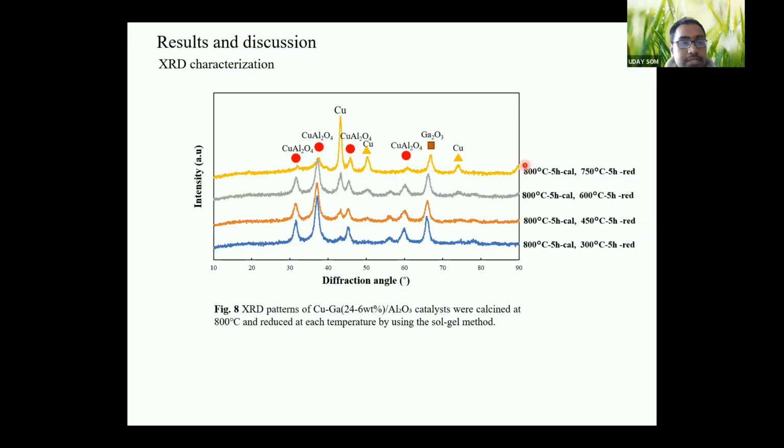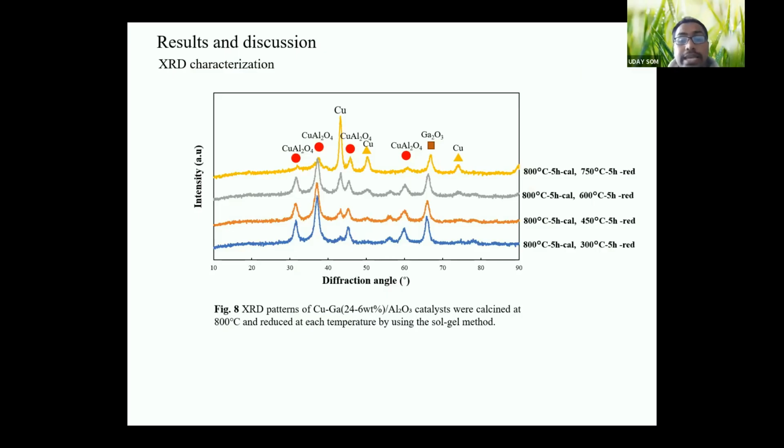After that, in these slides, I try to show the different calcination temperatures and also the different reduction temperatures. Today I would like to show the constant calcination temperature and different reduction temperatures. What should occur?